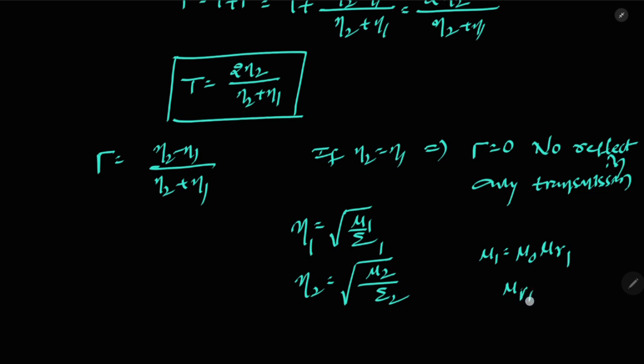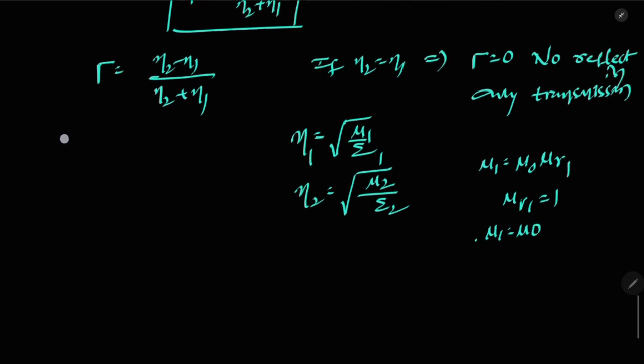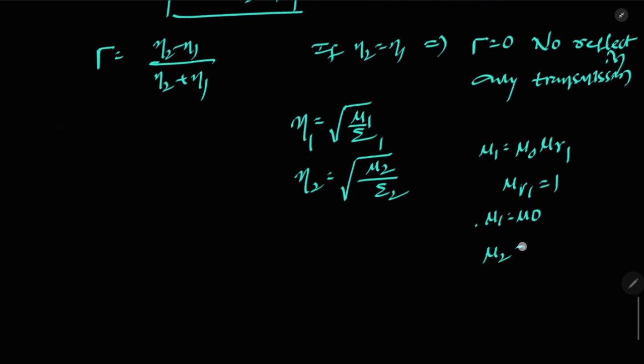That means mu 1 is equal to mu naught only. Similarly we can take mu r2 equal to 1. For most of the materials, this is true.